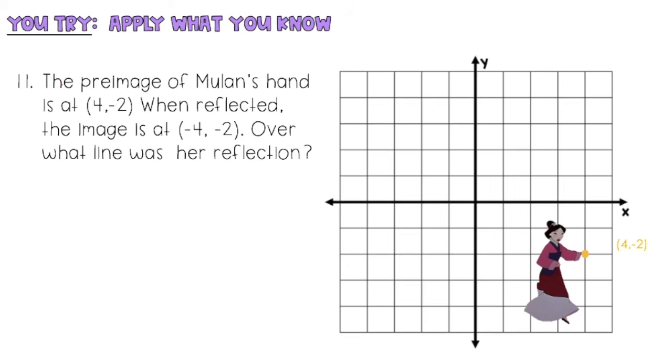So we are going to go -4, -2. The question wants to know over what line we used to make our reflection. So I'm going to say that it took place over the y-axis.